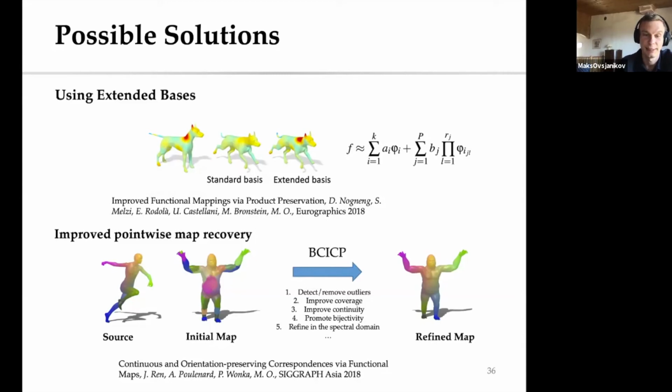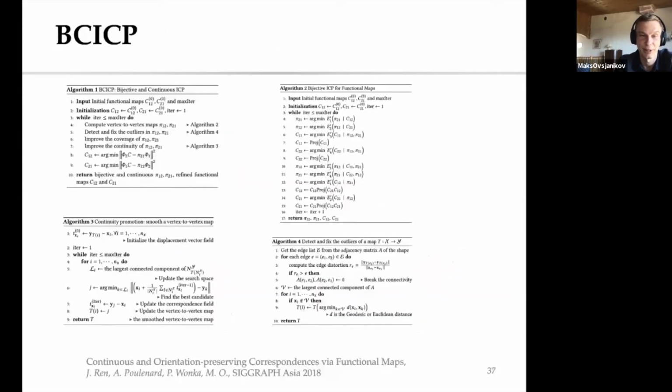It is an algorithm that uses some subroutines. Each subroutine takes, for example, a pointwise correspondence, and then tries to make it more continuous, or more bijective, tries to remove outliers and fix the maps in some ways. So there are many different stages in this pipeline.